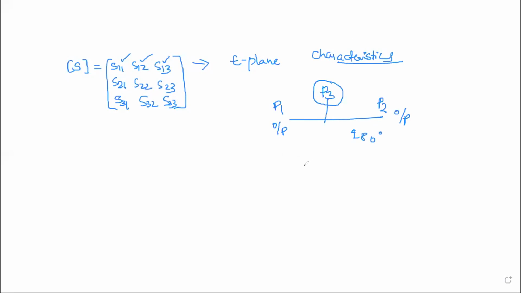Which means, in terms of the scattering matrix, 3 should be the input source and the output should be coming out of port 1. Similarly, 3 should be the input and the output should be coming out of port 2. So these two values, that is S31 and S32, are both equal but in opposite phase. Once again, you are giving port 3 as the input, and port 1 and port 2 you are taking the output, with a 180 degree phase shift.